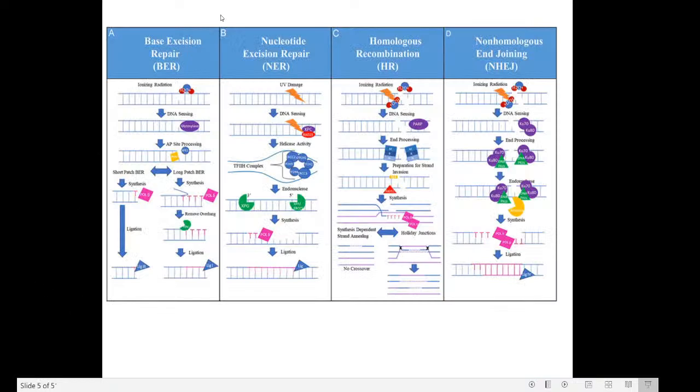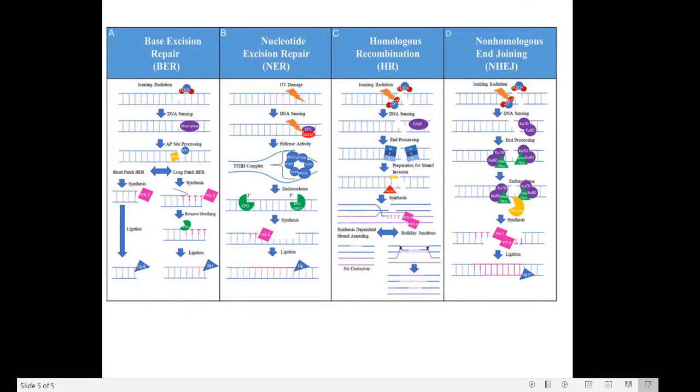Once again, I'll repeat what kind of repair happens in DNA. Here this is the base excision repair. It may be caused by ionizing radiation.